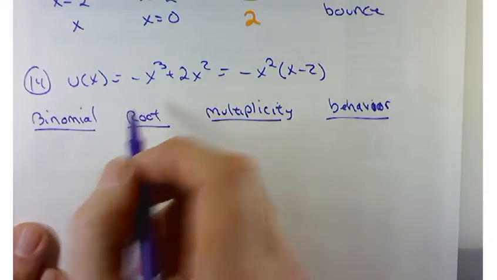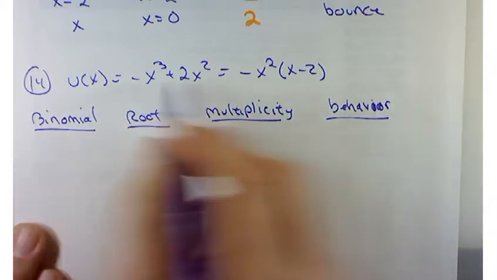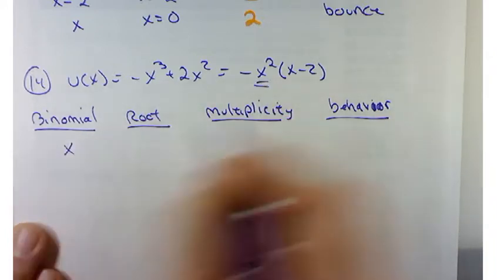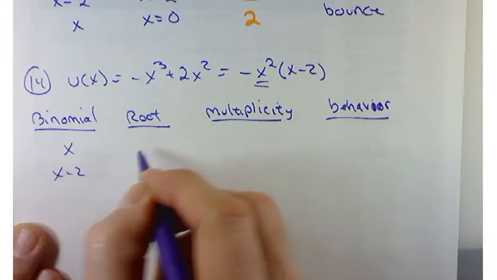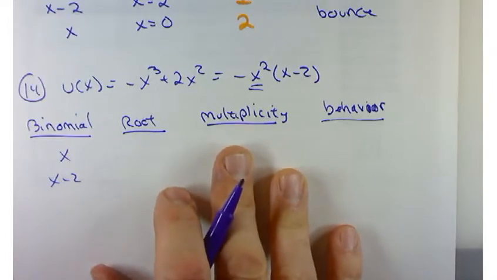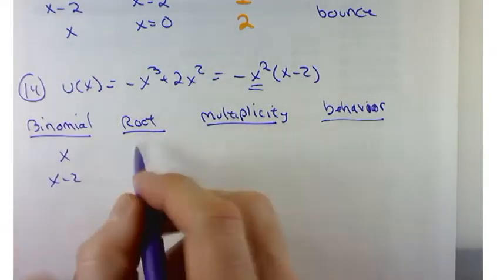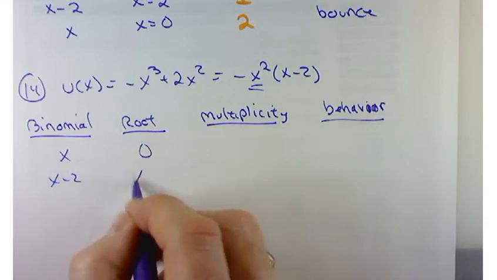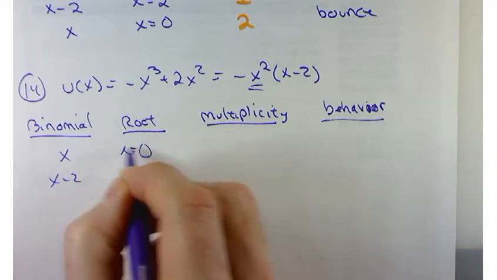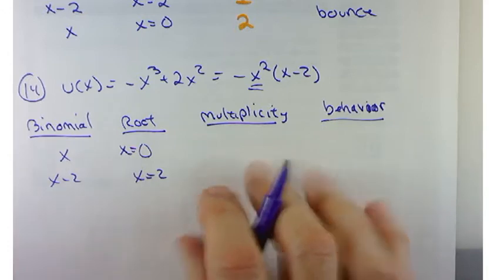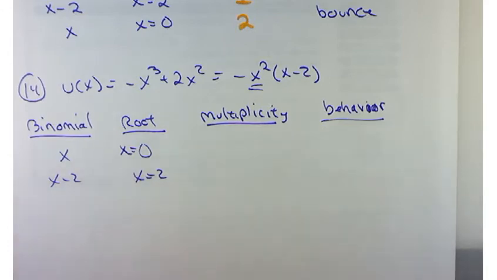Let's look at the different terms here. We've got a term at x and a term at x minus 2. That gives me a root here at 0 and a root at x equals 2. What are the multiplicities of these roots?